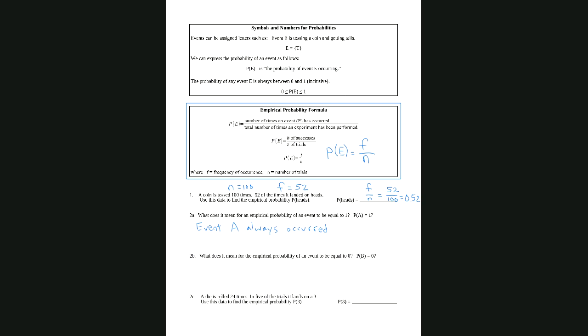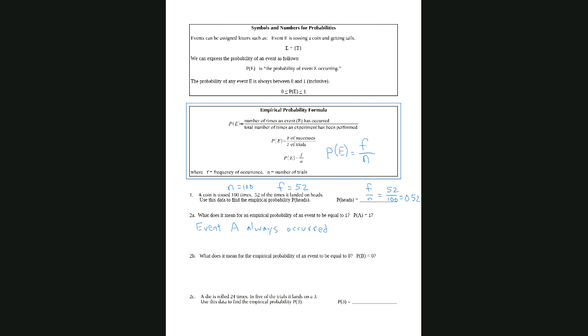So, oppositely, what does it mean for an empirical probability of an event to be equal to 0? Let's say the probability of event B is 0. Well, an empirical probability of 0 means that event B had never occurred in any trial that was conducted in the past.